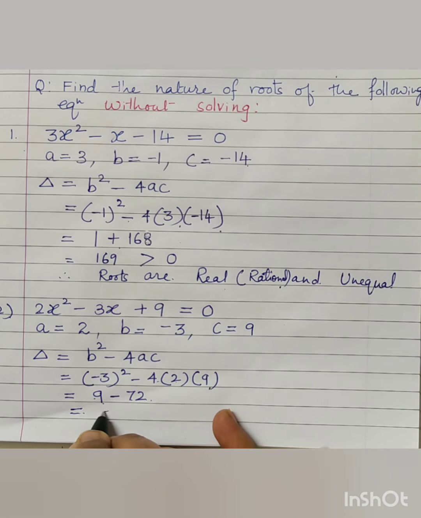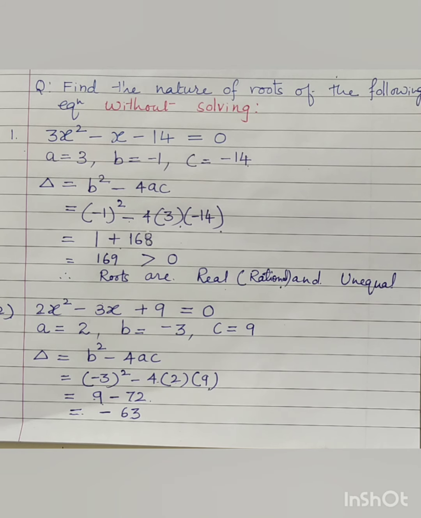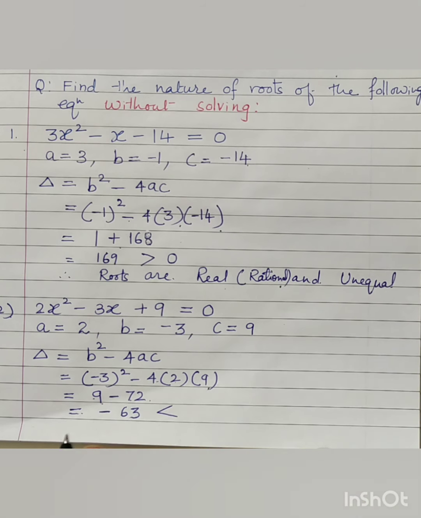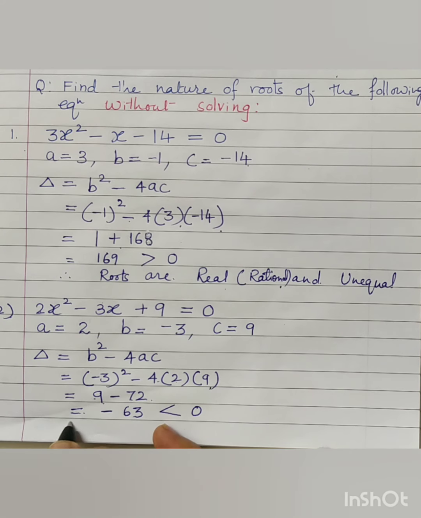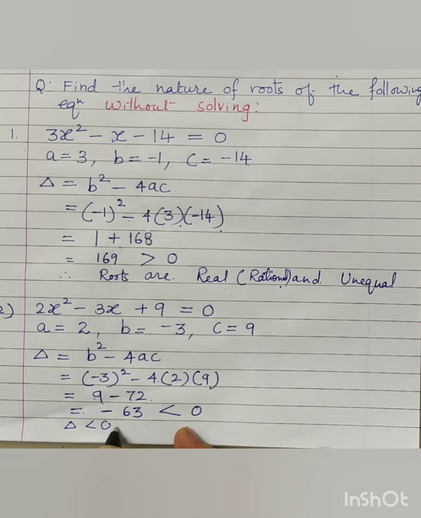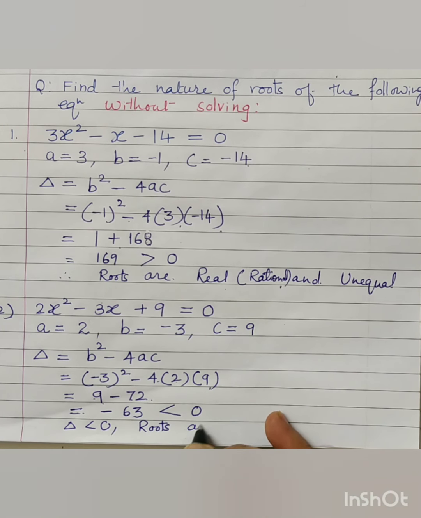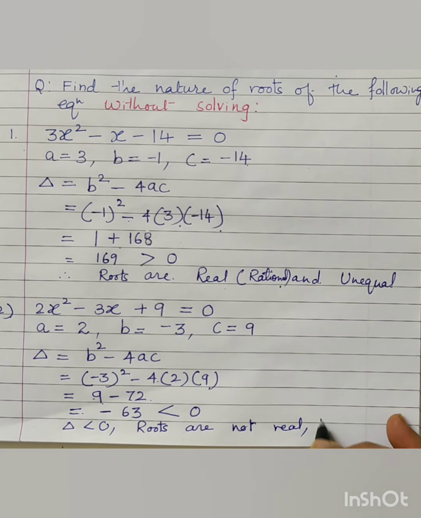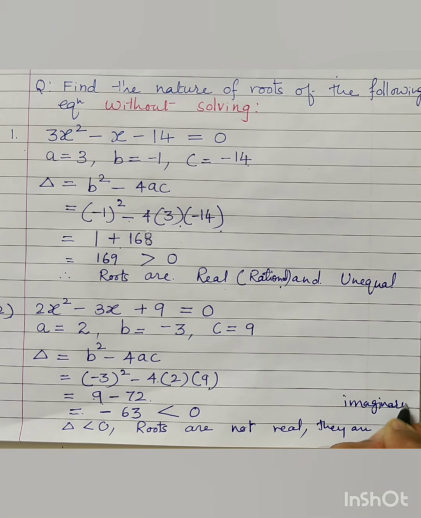And this number, what is it coming? Negative 63. So the negative sign indicates that this number is smaller than 0. And if delta is smaller than 0, what kind of roots are they? Are they real numbers? No. Roots are not real. They are imaginary numbers. Clear?